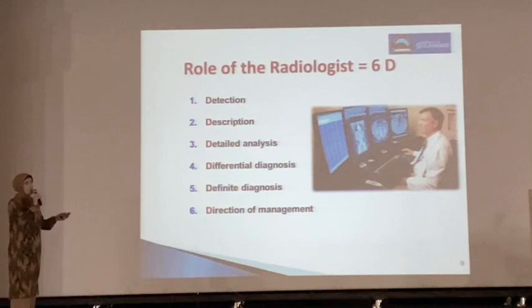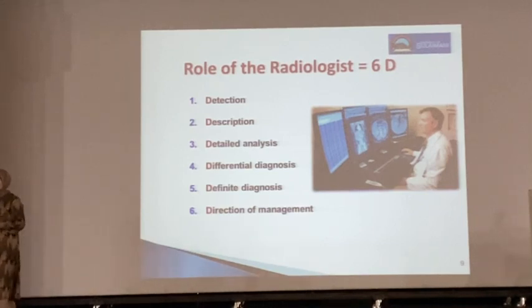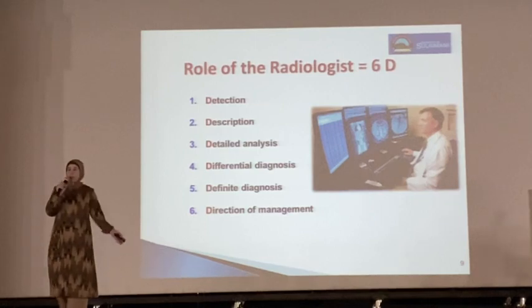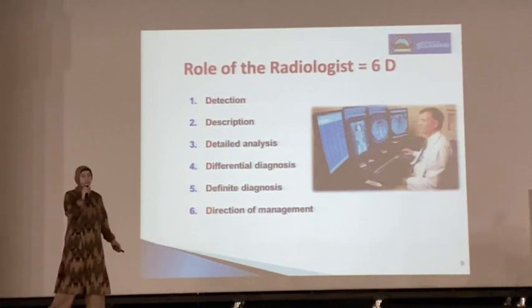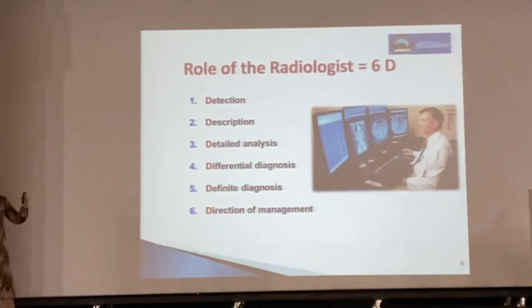Okay. So what are the roles of radiologists? We as radiologists have 6 Ds roles. The first D stands for the detection of any abnormalities, any anatomical variance or normal anatomy, followed by the description of that detected finding.